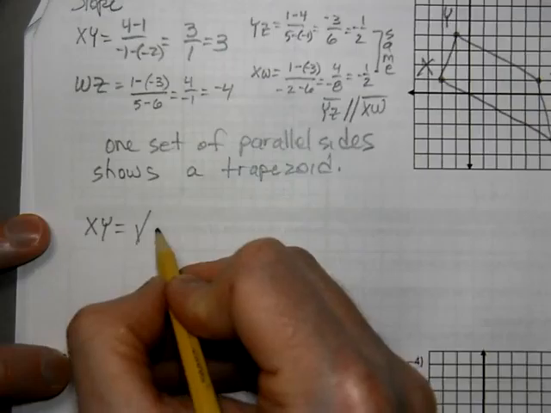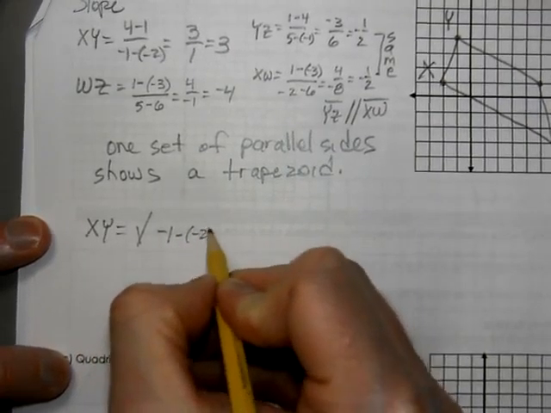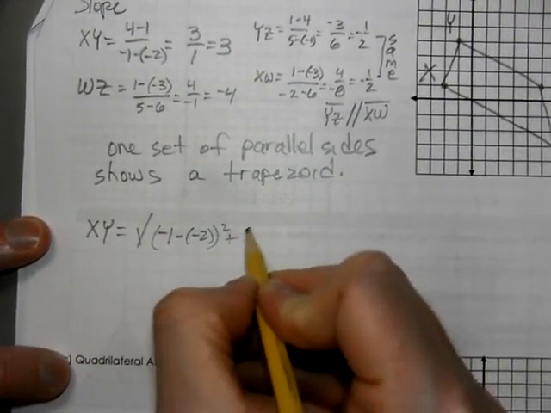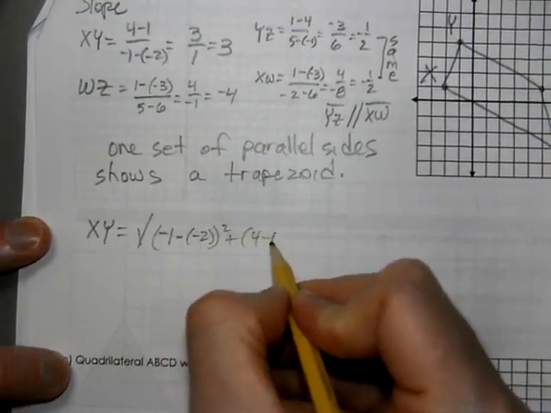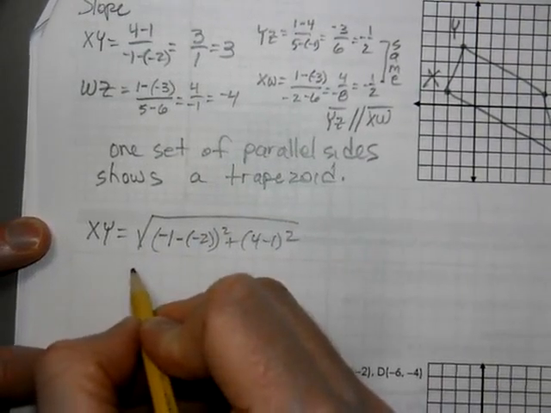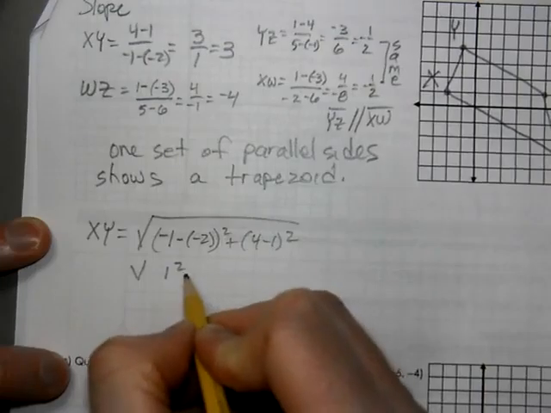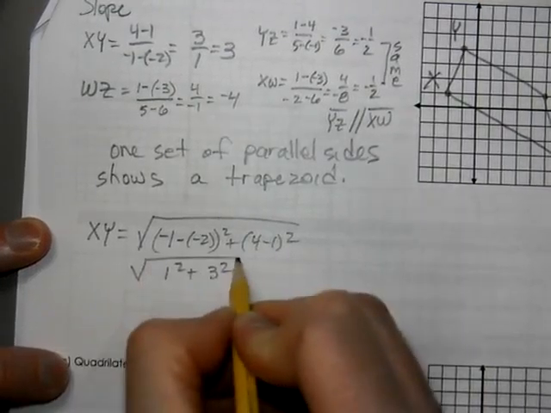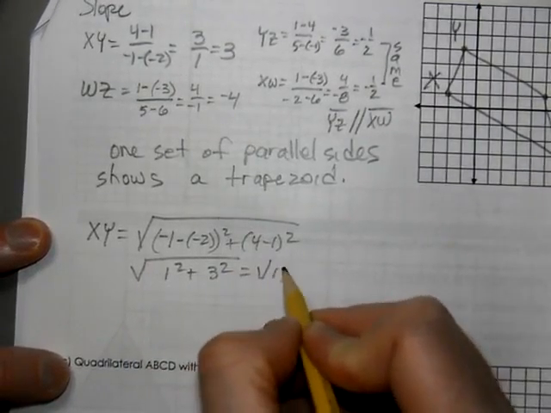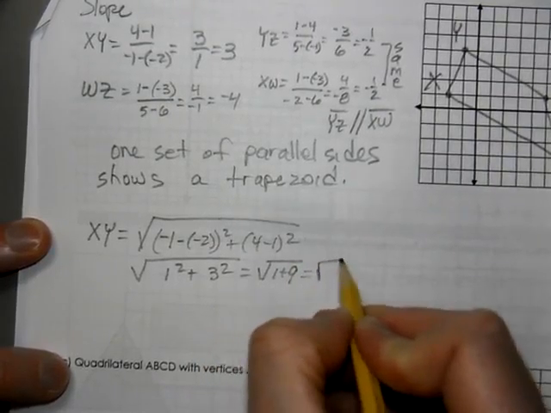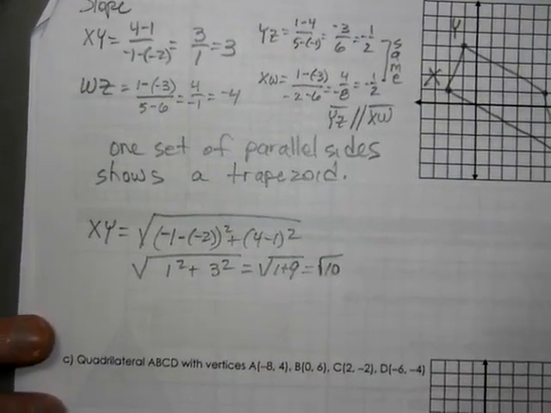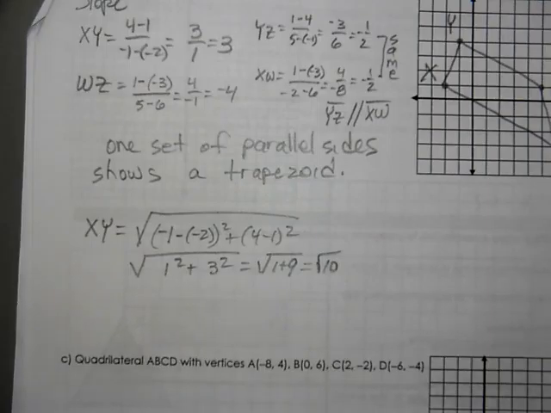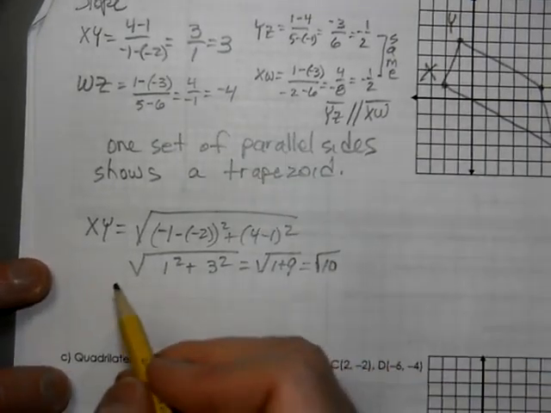So we take our X2 minus our X1 and Y2 minus the Y1. Gives us 1 squared plus 3 squared, comes out to be 1 plus 9, which is the square root of 10. That by itself doesn't mean a lot. I got to compare it to the other side.